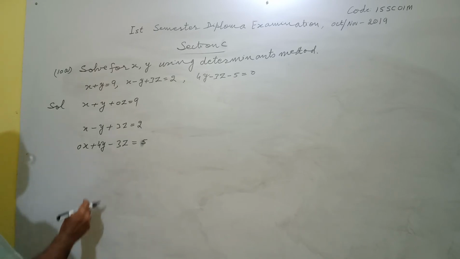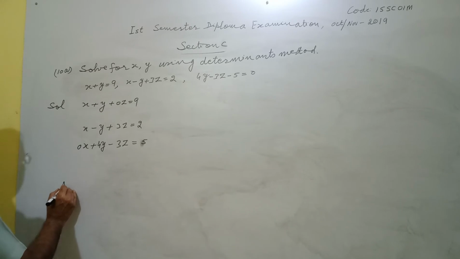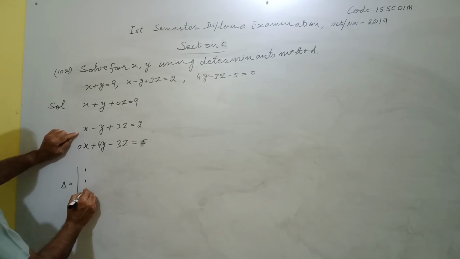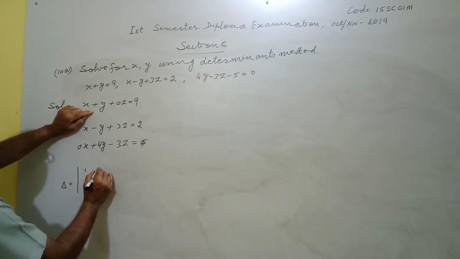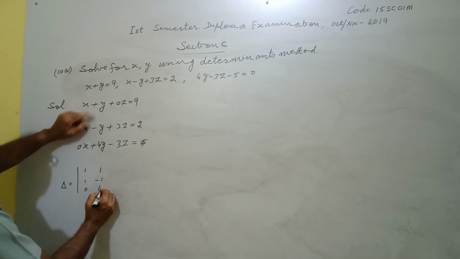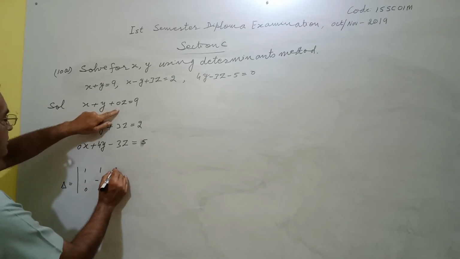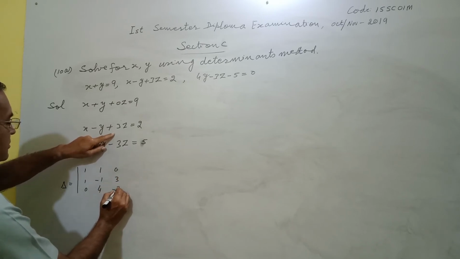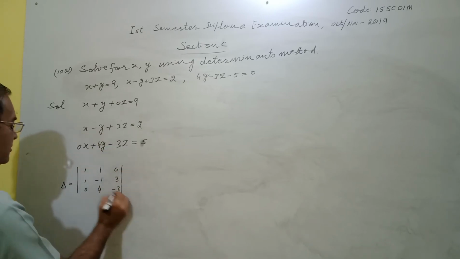So then, first find its determinant, note it by delta. 1, 1, 0, that is the x column. 1, minus 1, 4, y column. 0, plus 3, minus 3, z column.